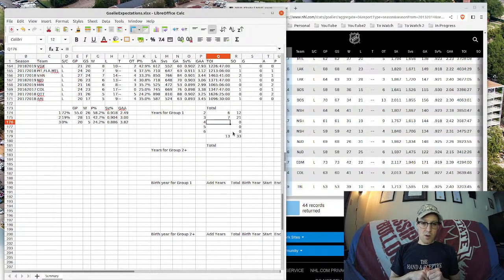Okay, so there were 6 goalies that had 2 years in the top tier, and then 7 goalies had 3 years in the top tier.